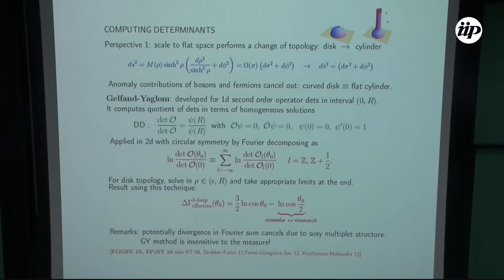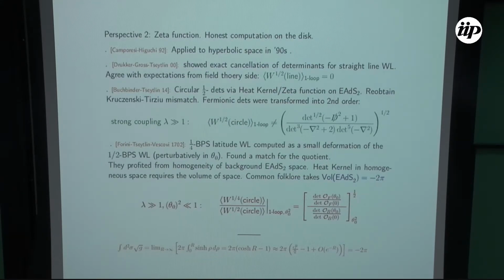So this was done in 2016. When we did this, we were worried, puzzled, sad. So we decided to attack the problem from a zeta function point of view. Zeta function is a very well-known, elaborated technique. It was used in many papers in the 90s by Camporesi, Gusev, and Drukker-Gross-Tseytlin in their seminal paper, where they developed all the techniques to compute fluctuations for the Wilson loop.